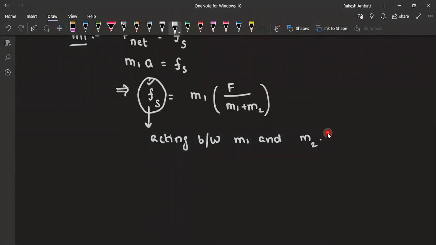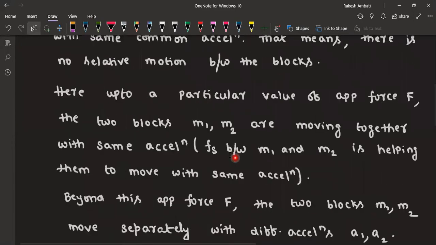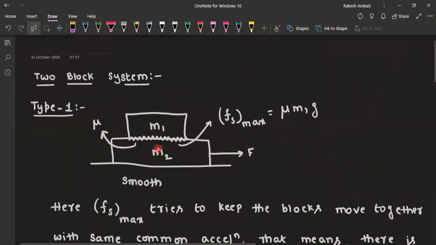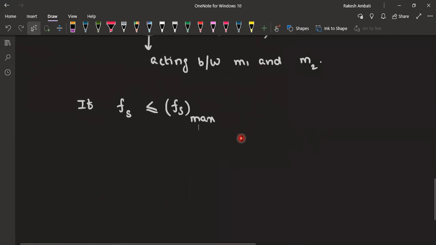If this Fs value, the static frictional force between M1 and M2, is less than or equal to Fs maximum, then do the blocks move together or separately?